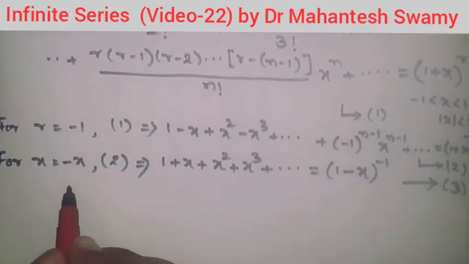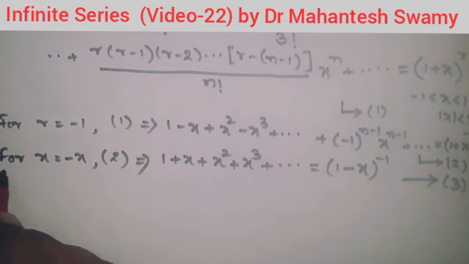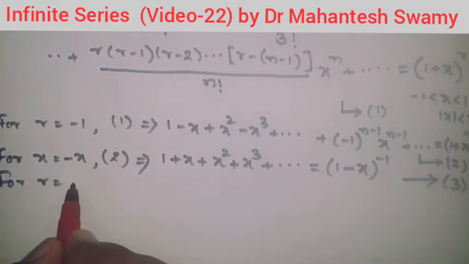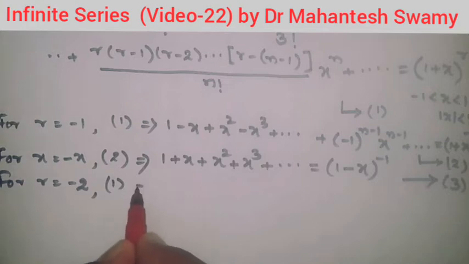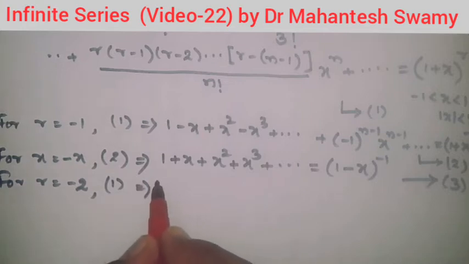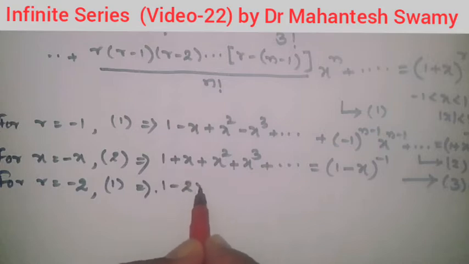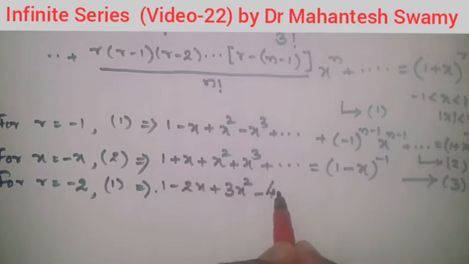Now when r is equal to minus 2, what happens? When we substitute r is equal to minus 2 in the given series 1, we get 1 minus 2x plus 3x square minus 4x cube plus dot dot dot.